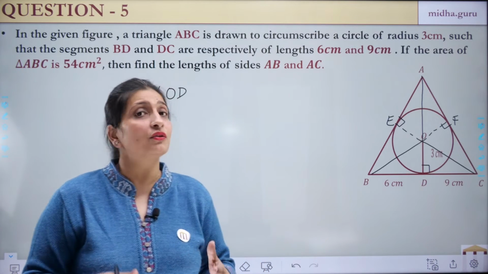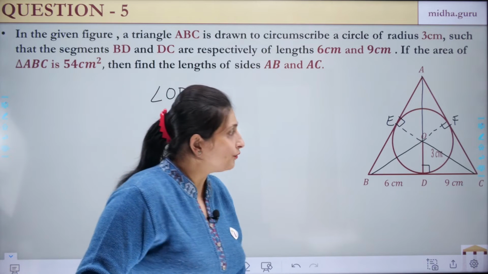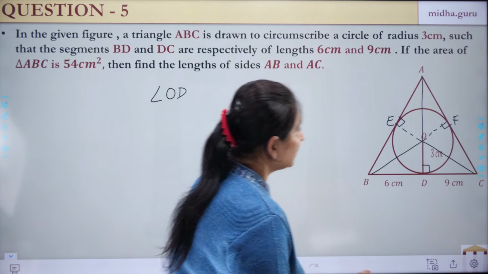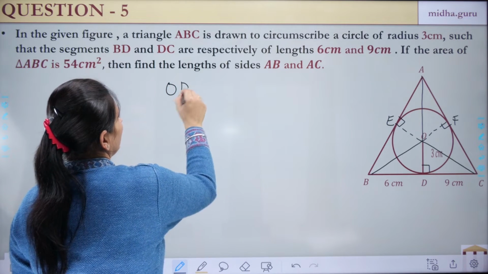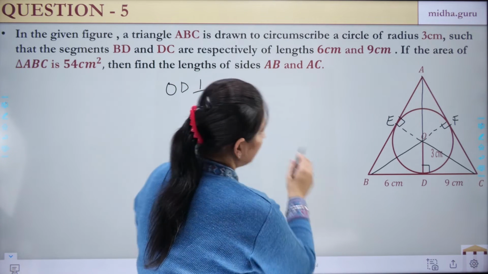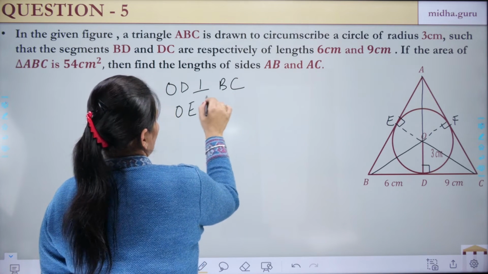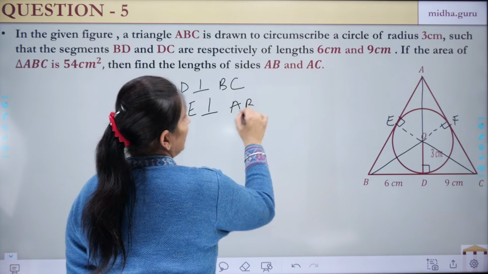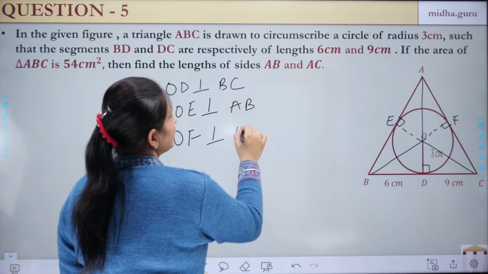These are the radius of the circle. Also, they'll be perpendicular to the tangents. So OD is perpendicular to BC. Similarly, OE is perpendicular to AB, and OF is perpendicular to AC.